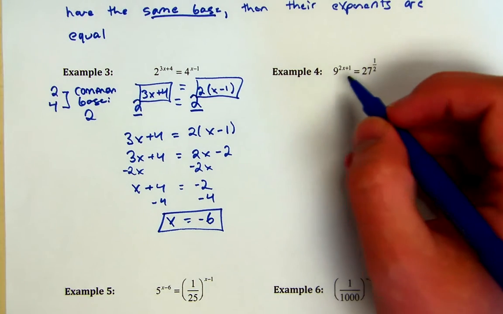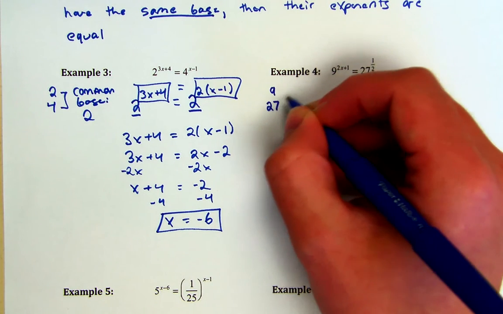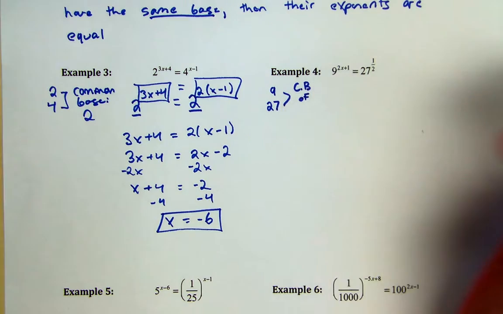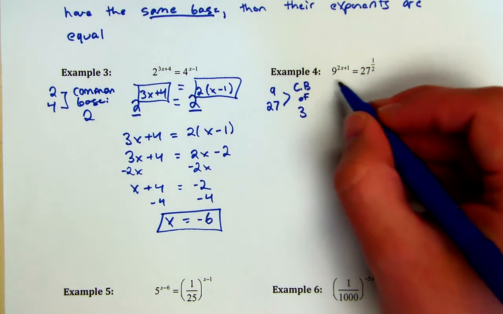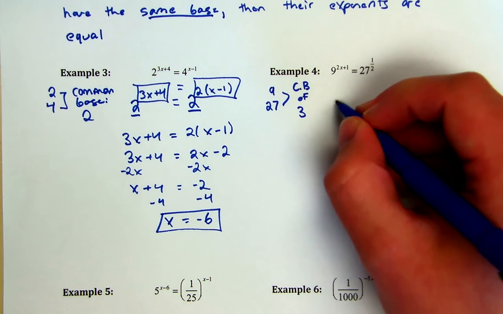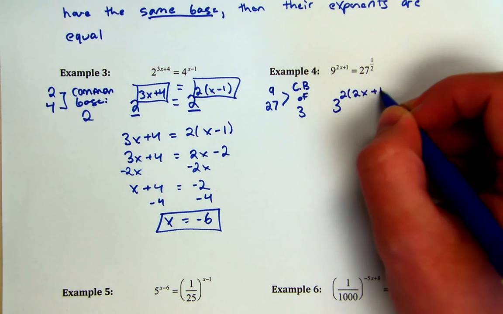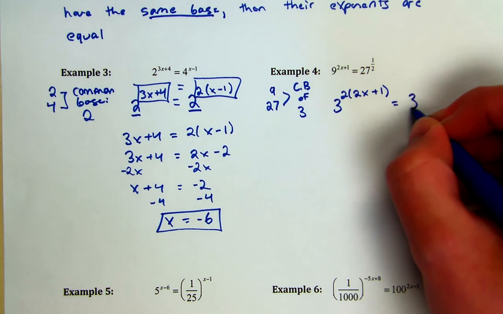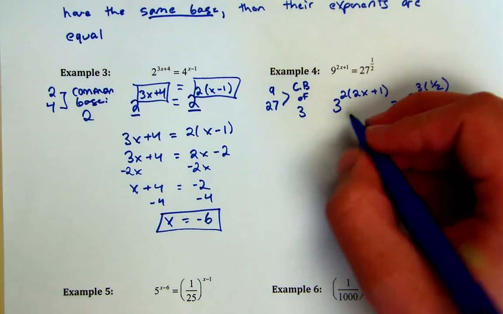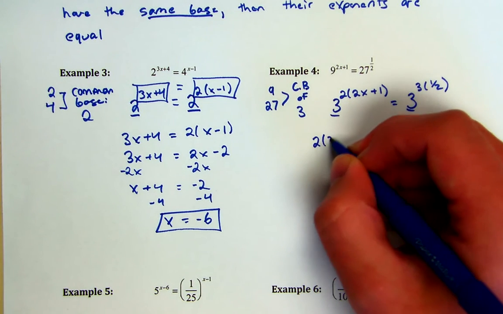With example 4, 9 and 27 have a common base of 3. In this case, I have to rewrite both of these expressions. So 9 is really 3 to the second power. 27 is 3 to the third power. So same base, exponents are equal.